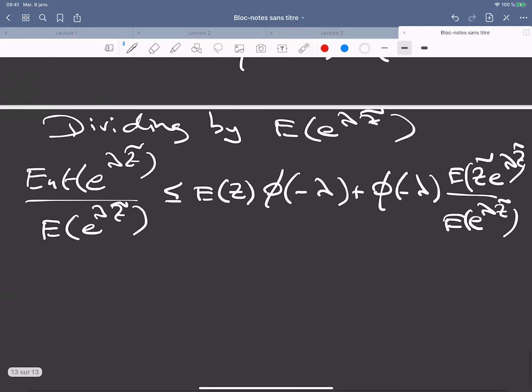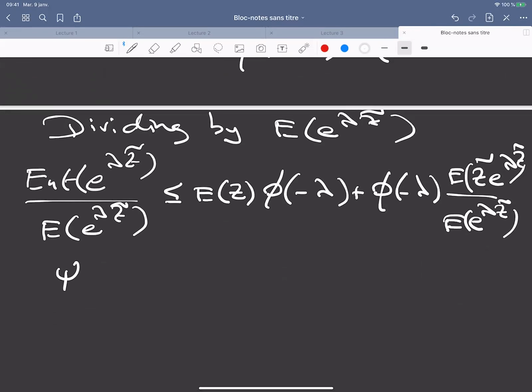And now, if we set psi equal to the log of the expectation of e to the lambda z tilde, you see that we have made a differential inequality appear.